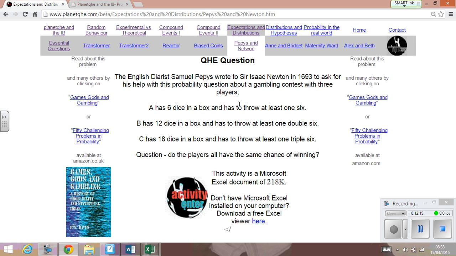Samuel Pepys, the English diarist, and Sir Isaac Newton debated this dilemma. And again, there's a spreadsheet here which investigates it, about a gambling contest. Remember, we already saw a gambling contest with the Chevalier de Mer.